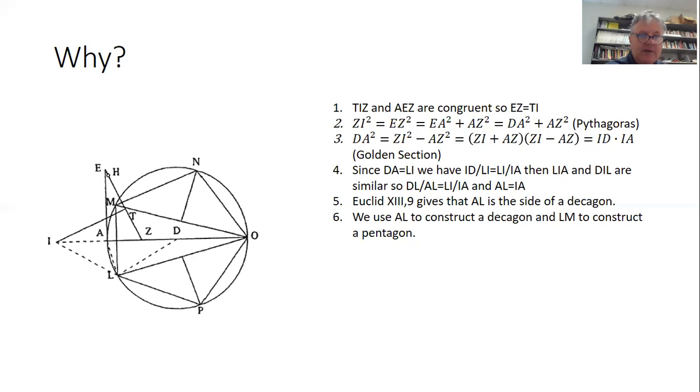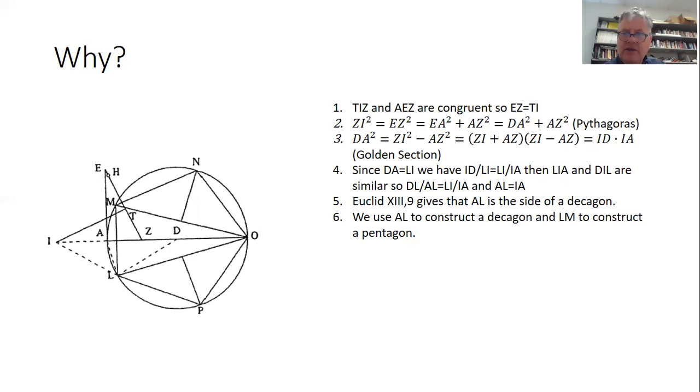So that means AD is our hexagon length, and it is because it's the radius of the circle. So great. So the decagon that we get is the decagon for the circle we started with, and IA is the side of the decagon.